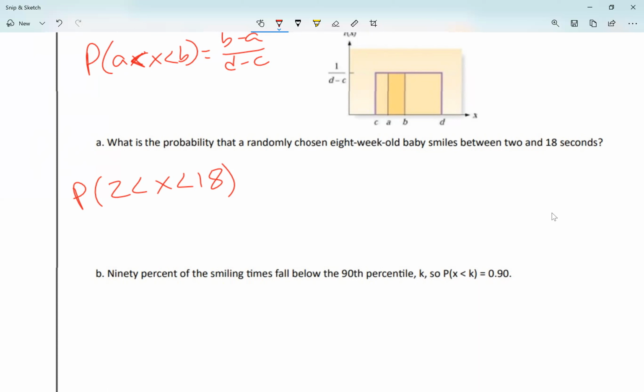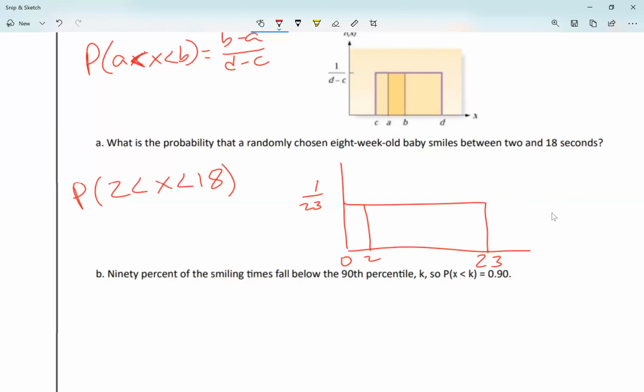So what I'm going to be doing, I figure this as a rectangle. Remember how I went from 0 to 23? I want that whole rectangle to have an area of 1. So I'm going to say the height of this is 1 over 23. And I'm looking for between 2 and 18.